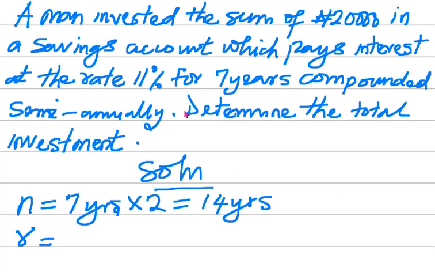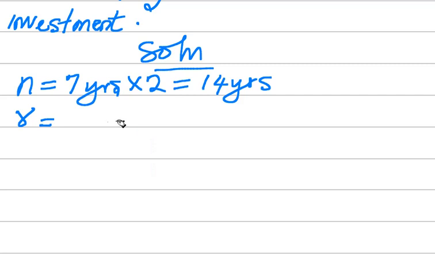We are given 11% here. We're going to divide this 11% by 2 again, because I told you that R should be divided and N should be multiplied. So when you say 11 divided by 2, because they said compounded semi-annually, you will get 5.5%.